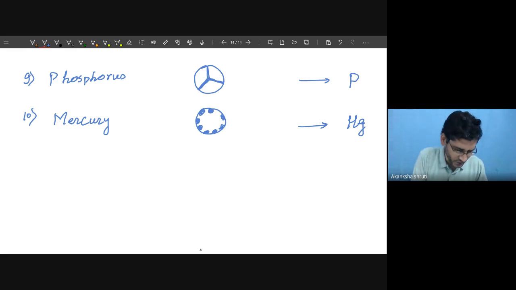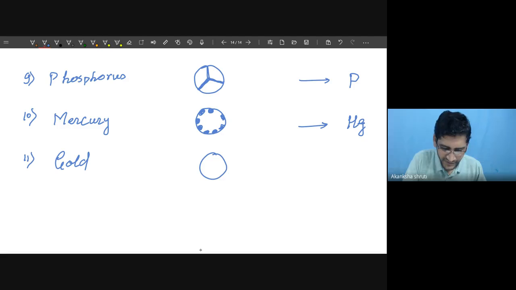So many more are there. If we consider gold, the symbol given was, inside this, first these dots have to be drawn at the end, and in the center G has to be written.